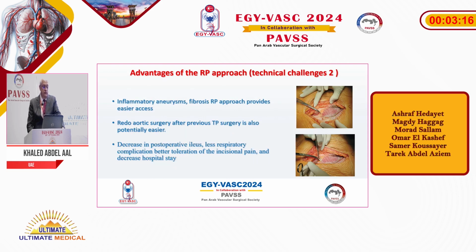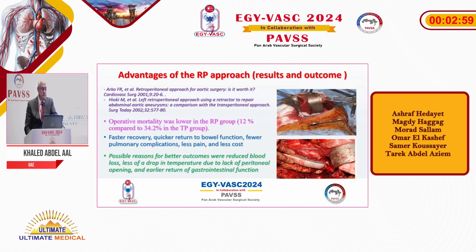This is also very important in cases of inflammatory aneurysm, fibrosis, and redo aortic surgery after previous transperitoneal surgery. It decreases postoperative ileus, causes fewer respiratory complications, gives better toleration of incisional pain, and decreases hospital stay.